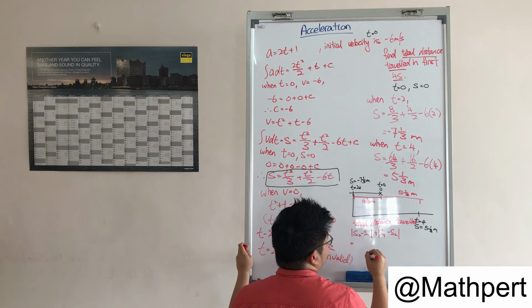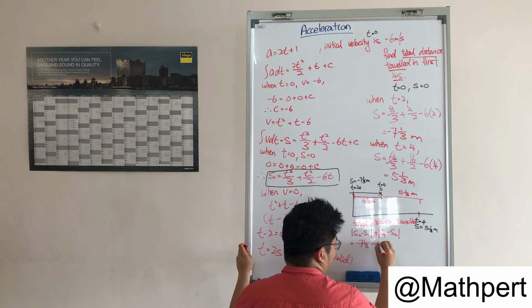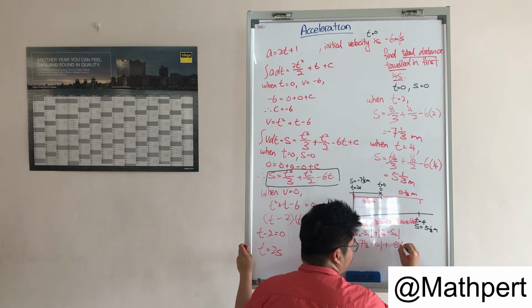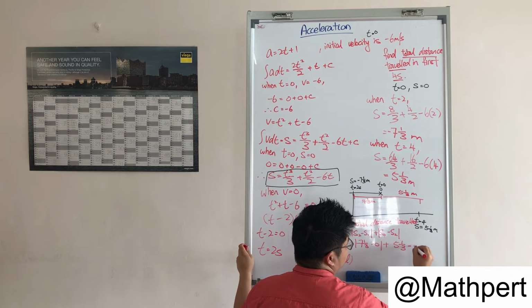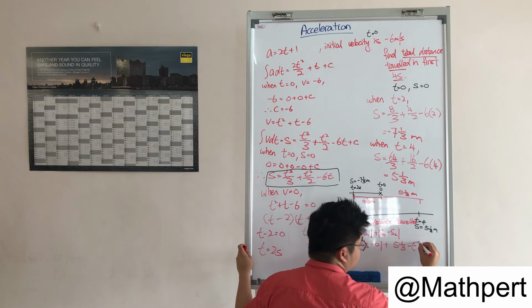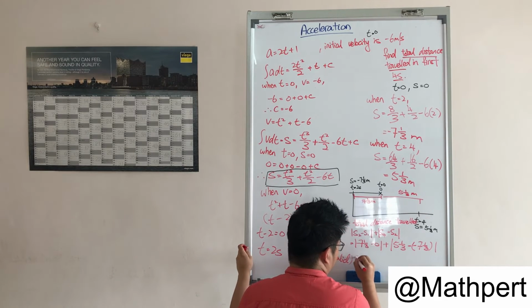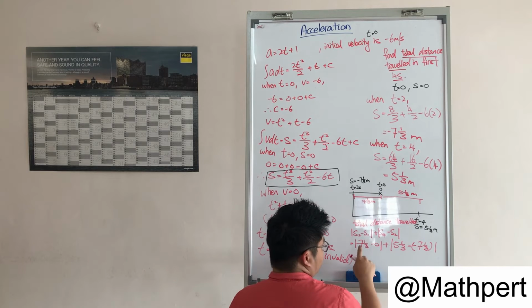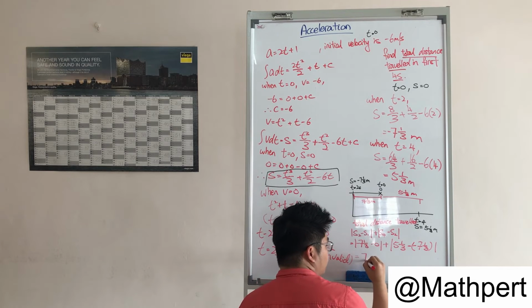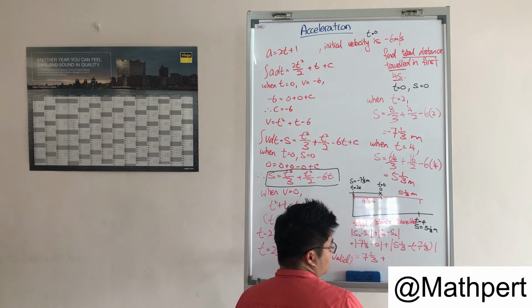S2 minus S1 is minus 7 and 1 over 3 minus 0, modulus, plus S4 is 5 and 1 over 3 minus S2. S2 is negative 7 and 1 over 3, modulus. So what we get here? Modulus of negative 7 and 1 over 3 minus 0 is 7 and 1 over 3, plus this one, negative becomes positive.